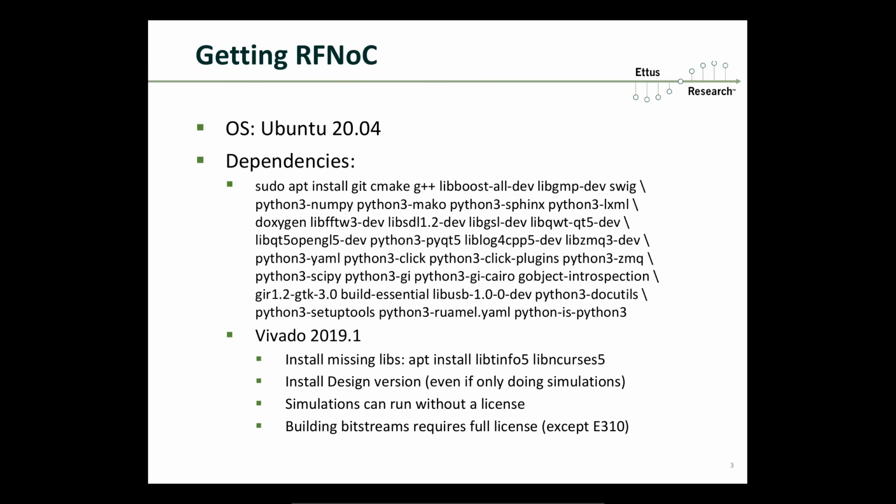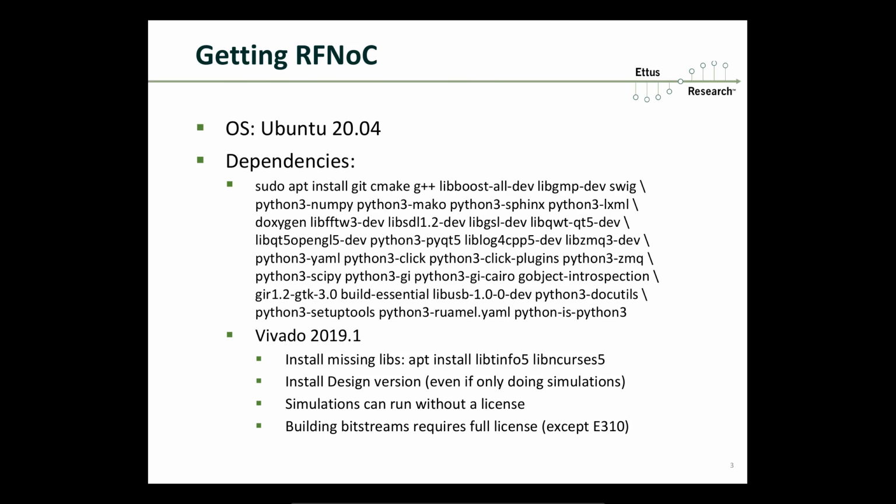I provide an example apt install command with all of the required dependencies listed. You should also install Vivado 2019.1, which is the version of Vivado that is compatible with rfnoc-4. To get Vivado 2019.1 to work in Ubuntu 20.04, there's two libraries that you need to install, and I have them listed here.